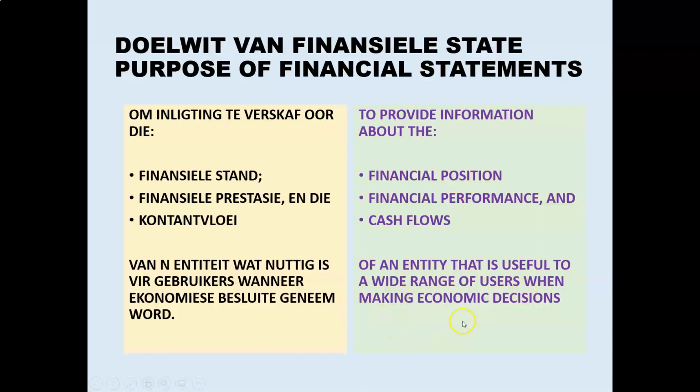And then the third thing is that the users usually make an economic decision based on the information in these financial statements, either on the financial position, the financial performance, as well as the cash flow situation of the entity. So I'm either going to decide whether I'm going to invest in this entity.